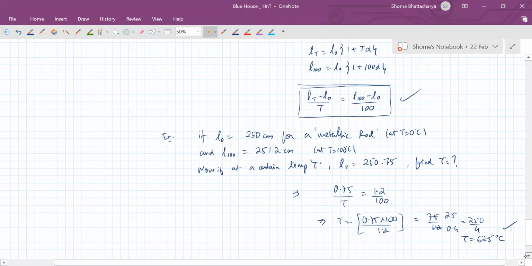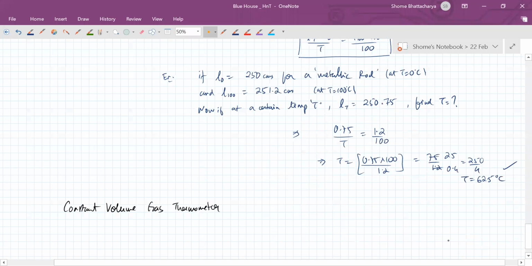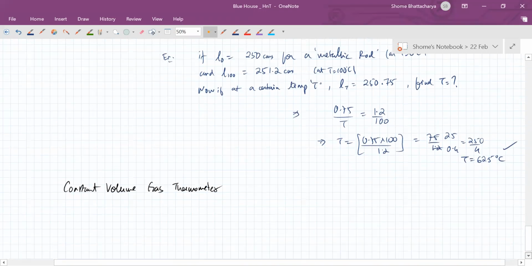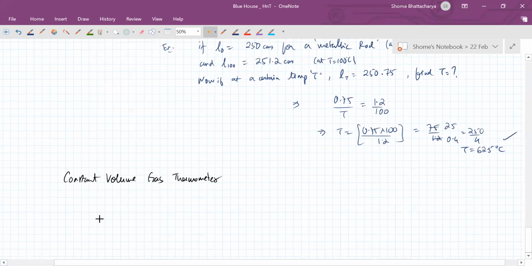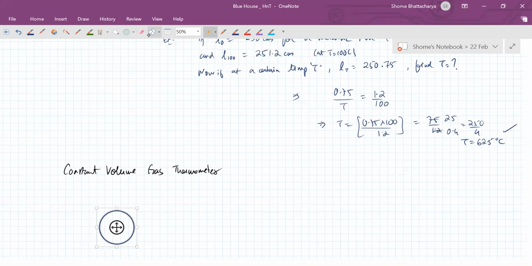Now the two other types of thermometers are the constant volume gas thermometer. In this, what we have is a gas chamber, which is of constant volume.